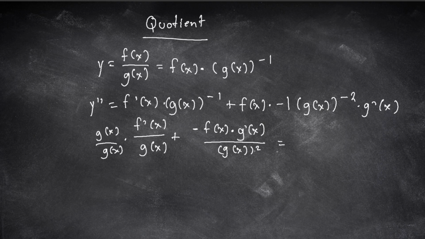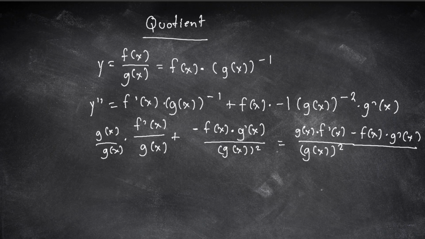So g of x times g of x gives us g of x squared. And then we have g of x times the derivative of f minus f of x times the derivative of g of x. So it's really similar to what we did with our product rule, where we have a derivative of one thing multiplied by the regular of this other, and then we switch places. But instead, now we had to divide by the bottom, so g of x squared. It's now in the square version.